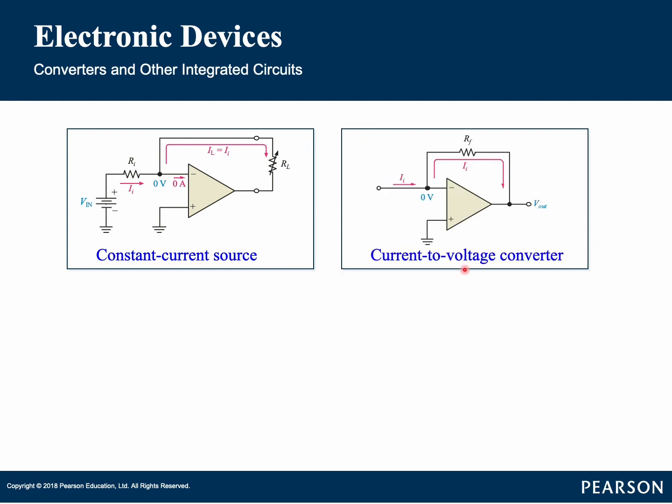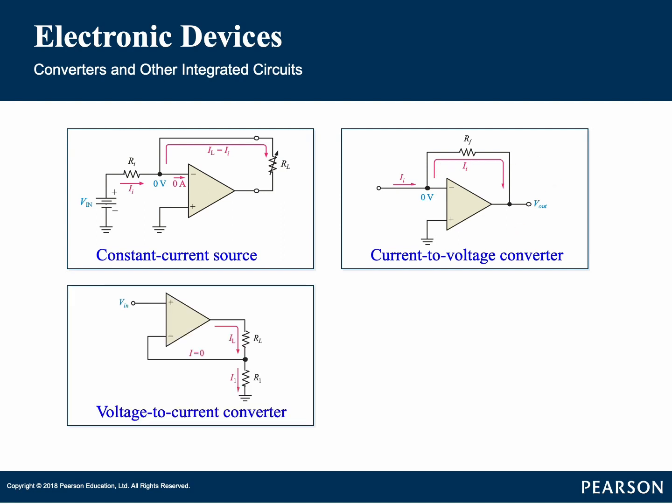Second is the current to voltage converter. A current to voltage converter converts a variable input current to a proportional output voltage. A specific application of this circuit is where a photoconductive cell is used to sense changes in light level. As the amount of light changes, the current to the photoconductive cell varies because of the cell's changes in resistance.